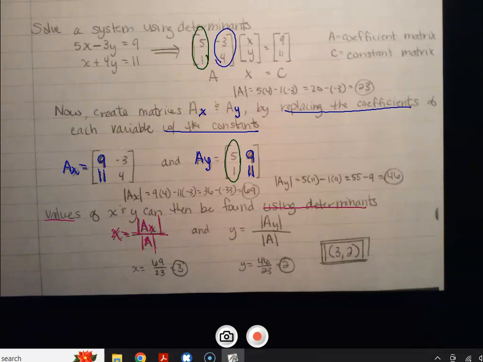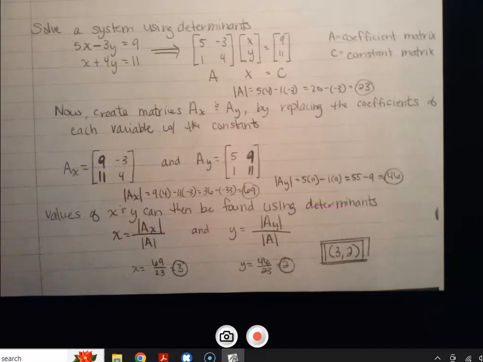Well, that means we need to go back and actually find the determinants of these. We did all this work, but it's not going to do us any good if we don't find the determinants. So let's clear this and do some determinant work. Okay, so we're going to go all the way back up here to A and find the determinants of A. So we did the major, 5 times 4, and then minus the minor, 1 times negative 3.